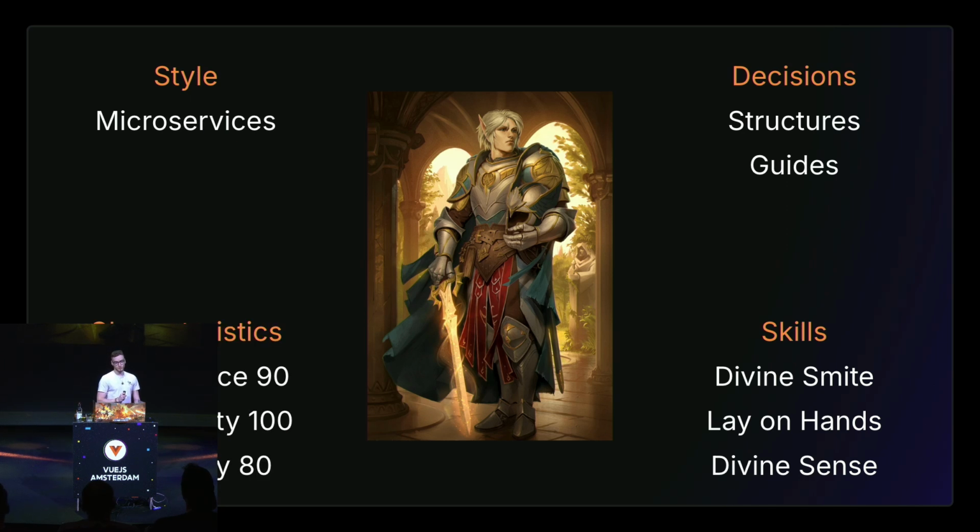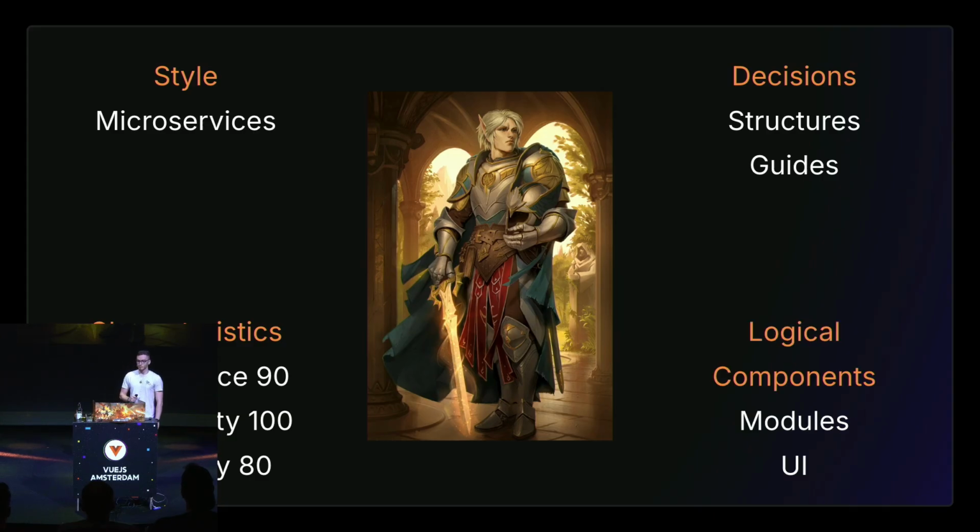The stats will convert into characteristics, so we might have performance, accessibility, and scalability. And notice that we can't have everything at 100. We need to prioritize them. It's not possible to have everything from the start. And skills will move into logical components. Modules, UI, design system, basically anything that will build our software.